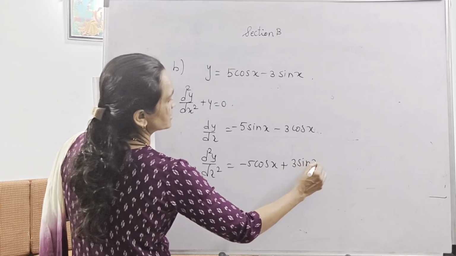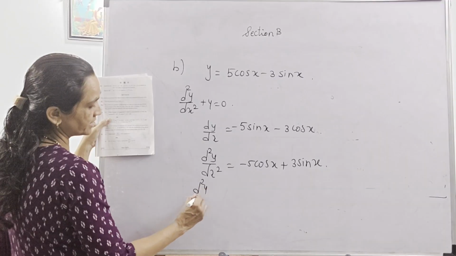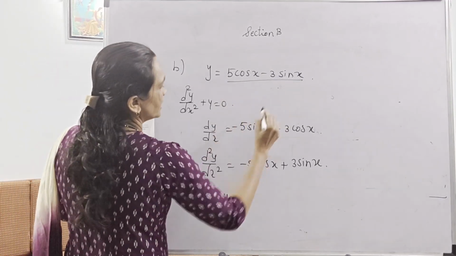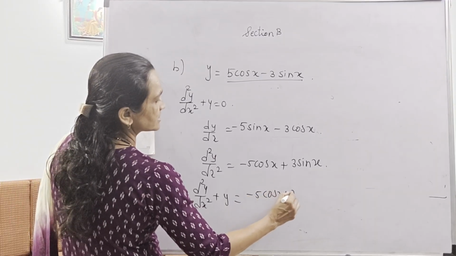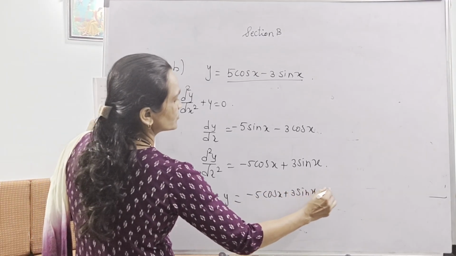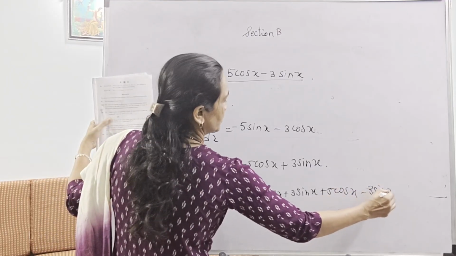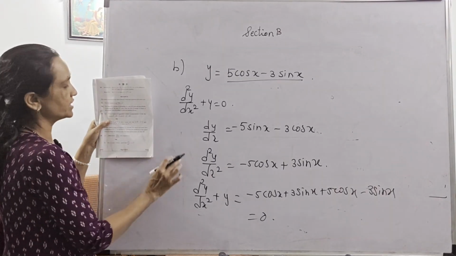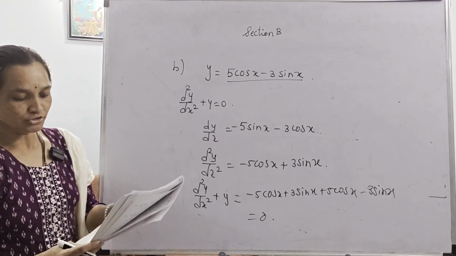So minus minus is plus. Now if I add y here, minus 5 cos x plus 3 sin x plus 5 cos x minus 3 sin x, that is your y, the answer is 0. Hence proved. So two derivative steps are correct, and in the final you are going to get the 2 marks.